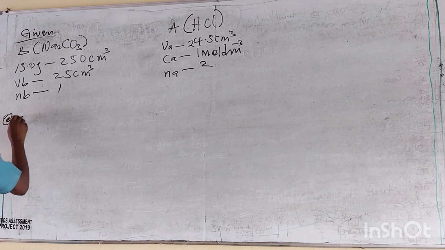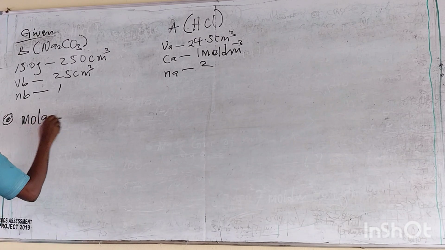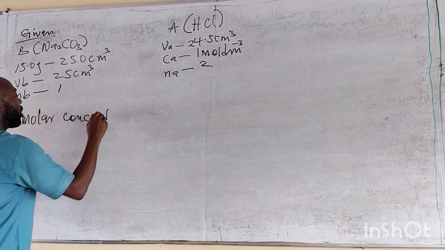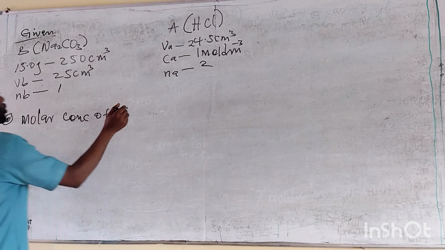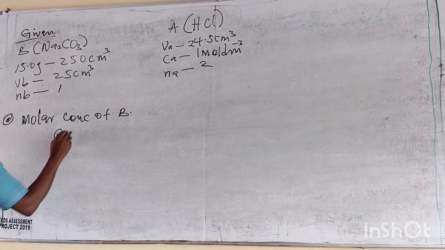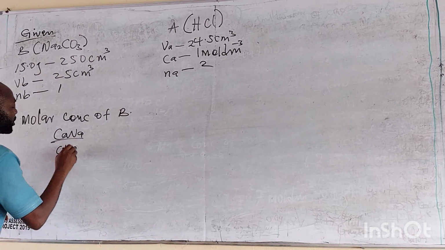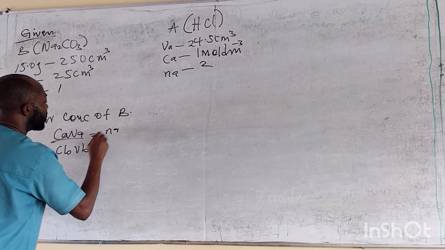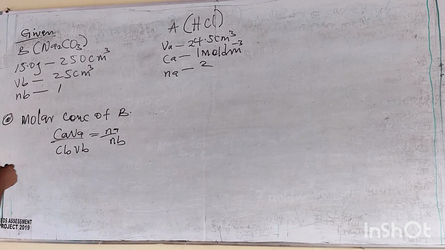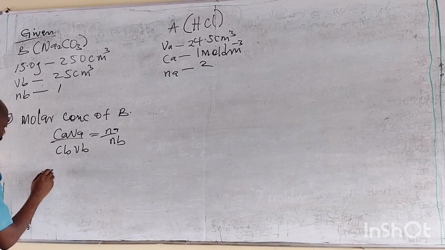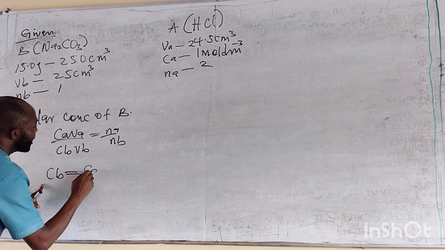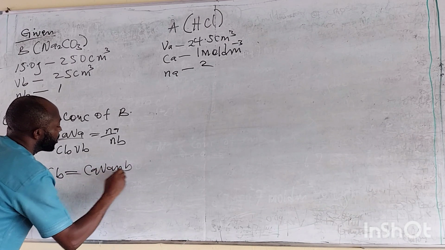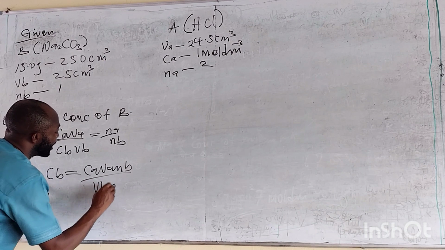The molar concentration of B, we get it using the formula CAVA over CBVB is equal to NA over NB. We are looking for concentration of the base. So I call it CB is equal to CAVANB over VBNA.